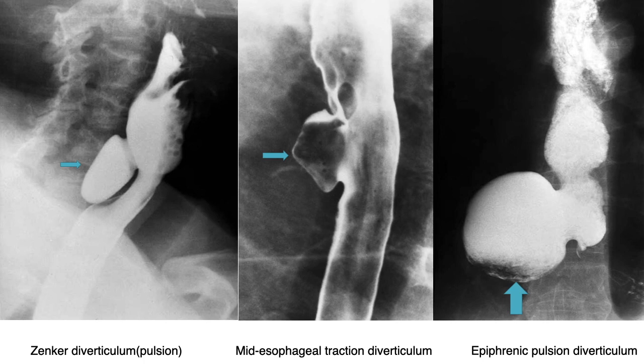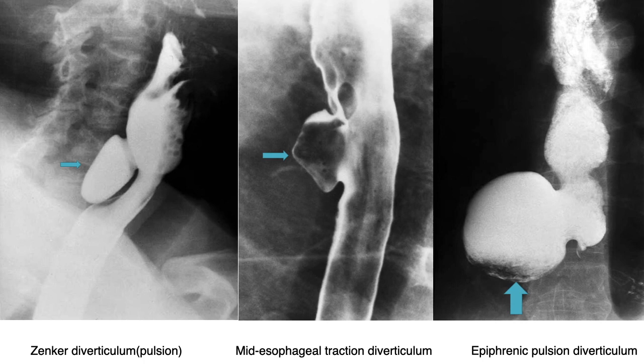The diverticula from the superior part or from the inferior, distal part of the esophagus are called pulsion diverticulum, because the wall of the esophagus is weak, and for that reason these diverticula appear.